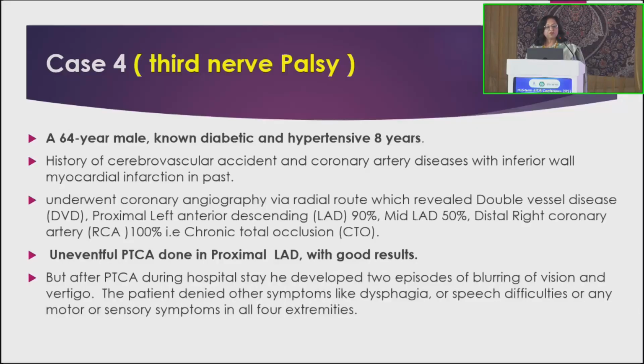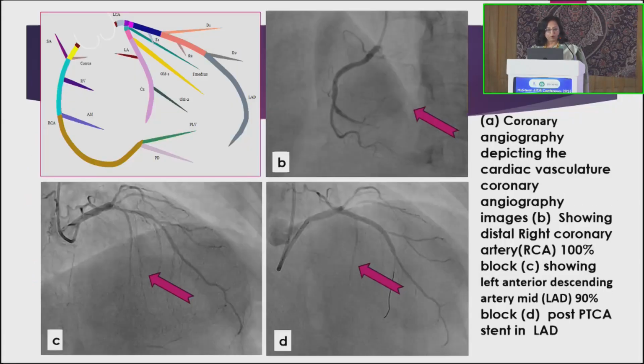Then this is also an interesting male, 64 years, diabetic and hypertensive, who underwent angioplasty. After the angioplasty he was recovering well, but then he had 2 episodes of blurring of vision and vertigo, and everybody thought maybe the patient is weak after angioplasty, so wait for some time. But then he consistently said that he had diplopia.